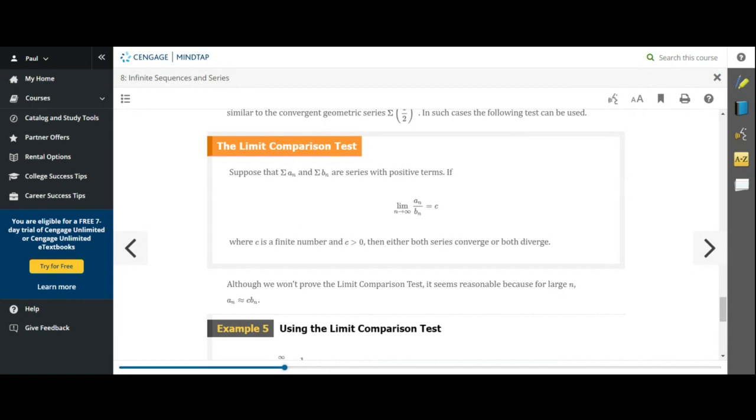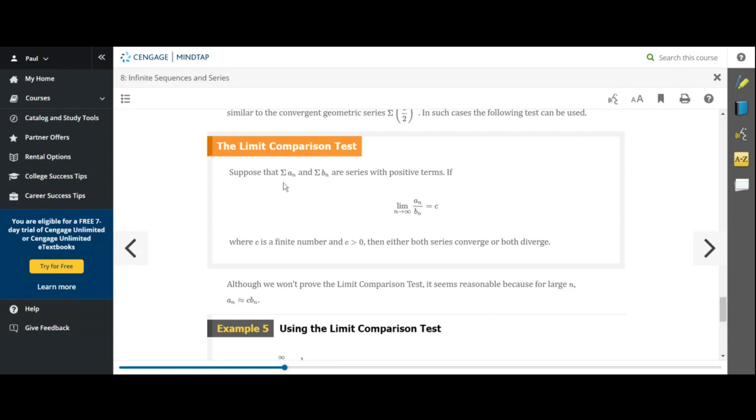When you have a series where you have positive and negative terms, you have to use different approaches, and that's what we're going to talk about tomorrow with section 8.4. But for now, section 8.3, our series all have positive terms.